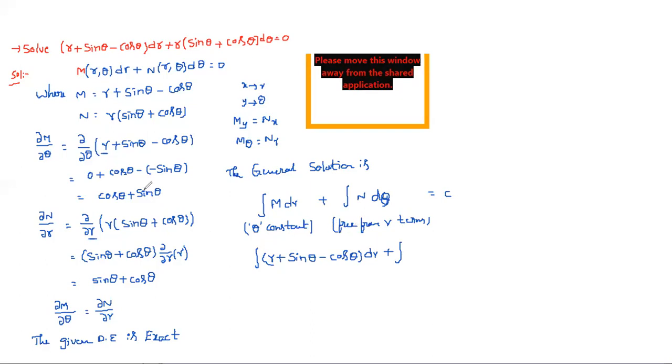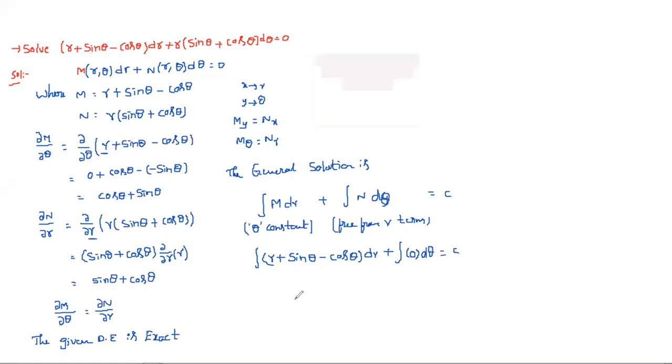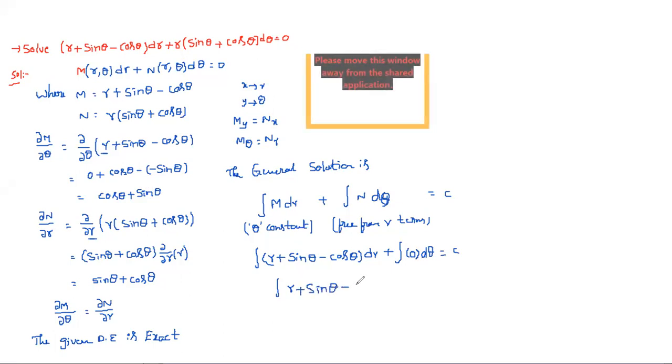Is there any term in N without r? No term available. So simply we write 0 d theta is equal to c. And the remaining one is integral of r plus sine theta minus cos theta dr is equal to c.